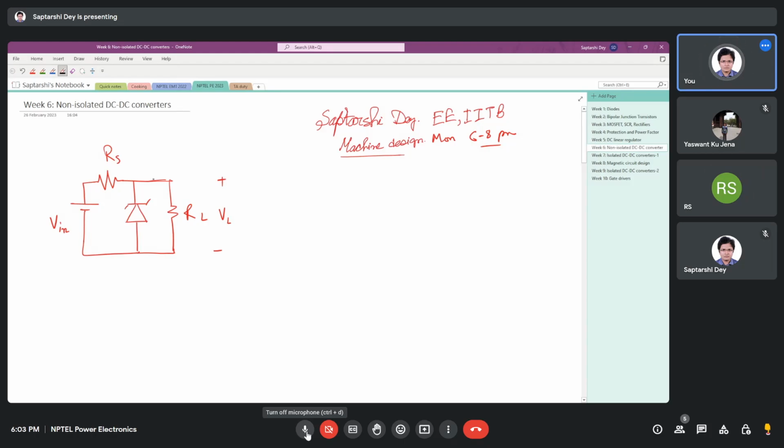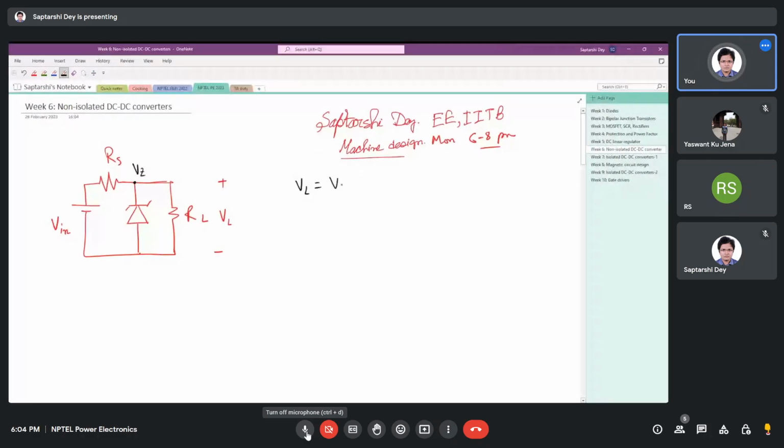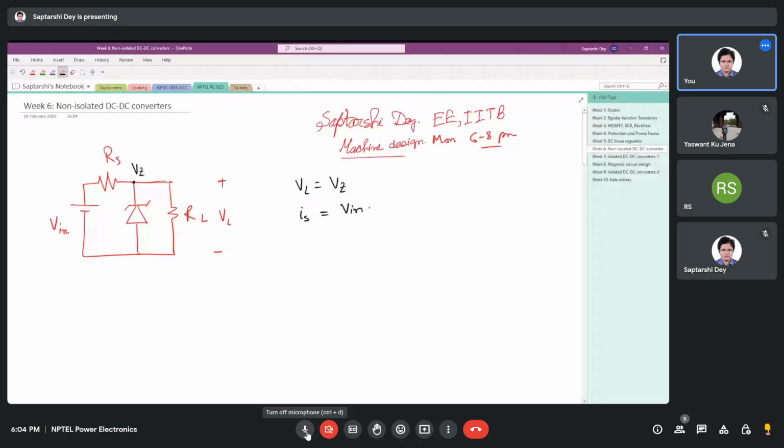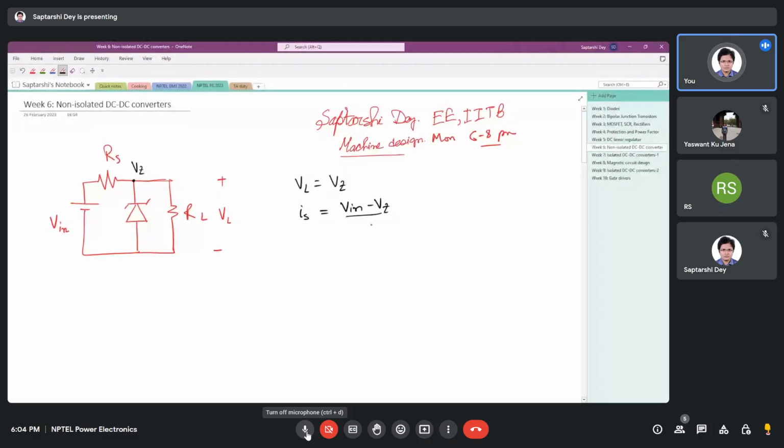So let us say the Zener voltage is Vz. Okay, so what we have is VL equals Vz. The source current is Vin minus Vz by Rs. This is the source current, right?